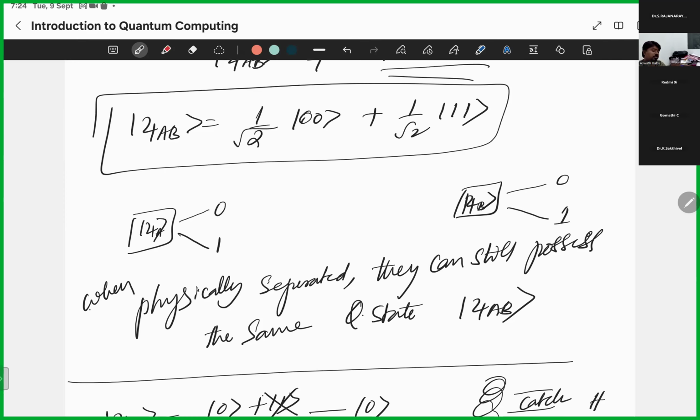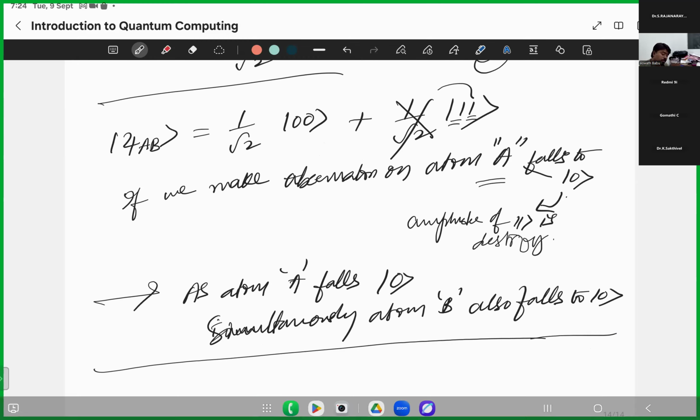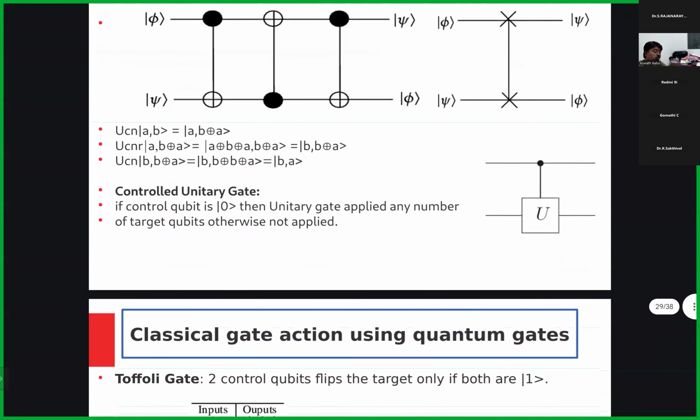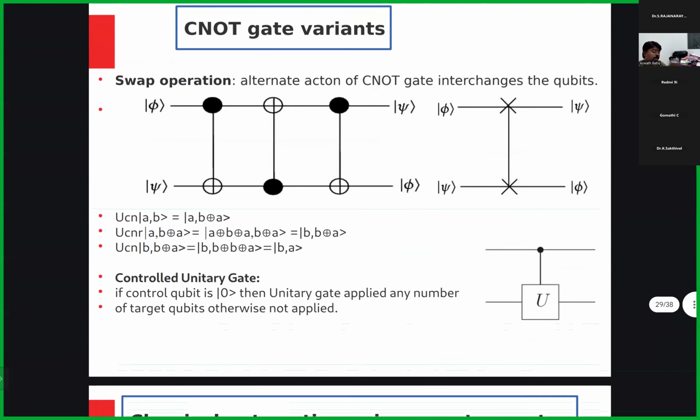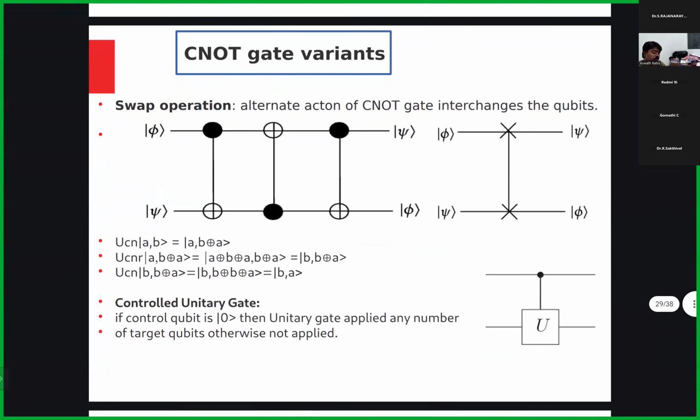This is how entanglement allowed people to have long distance communication without communicating anything, which was proved earlier across two islands.